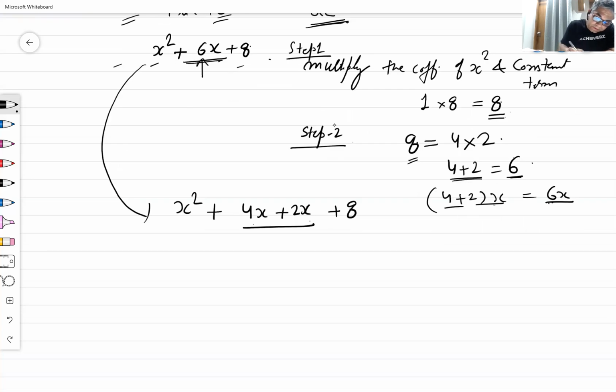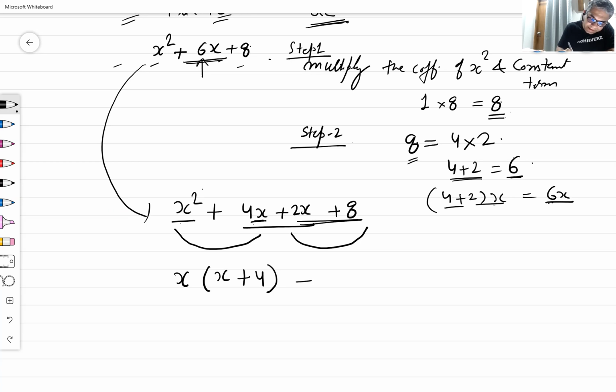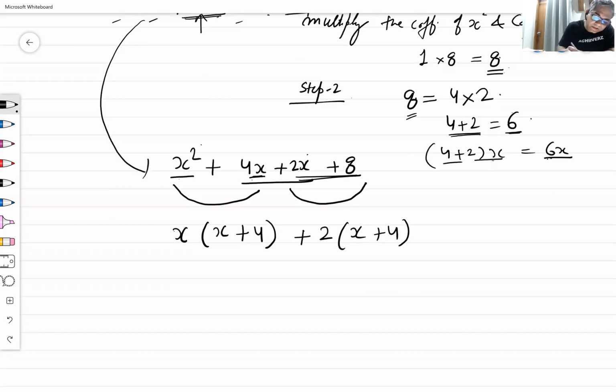All right. So now take the first two terms and these two terms. We can club them. From these two terms, I can take x as common, so here I'm left with x and here I'm left with 4. Coming to the next part, I can take 2 common and I am left with x plus 4. Now you can very well see that we have a common factor, which is x plus 4.